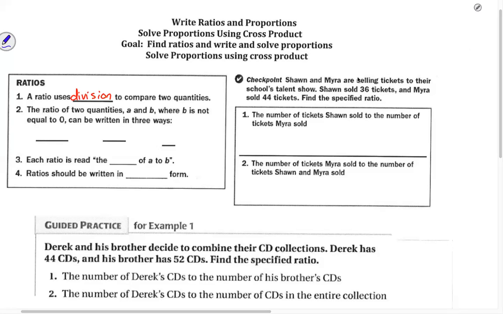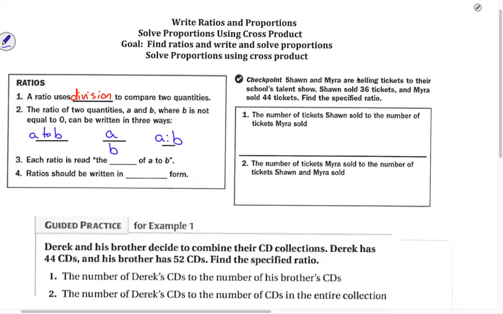First one, A to B, used with the word to. The middle way, A divided by B. Or the last one, A:B. Those are the 3 ways we talk about ratios: the word to, division, and a colon.